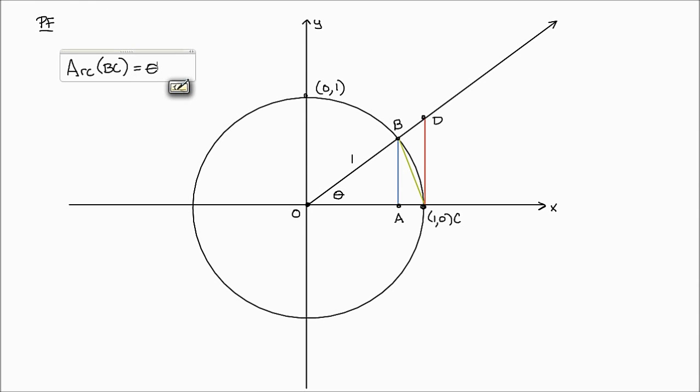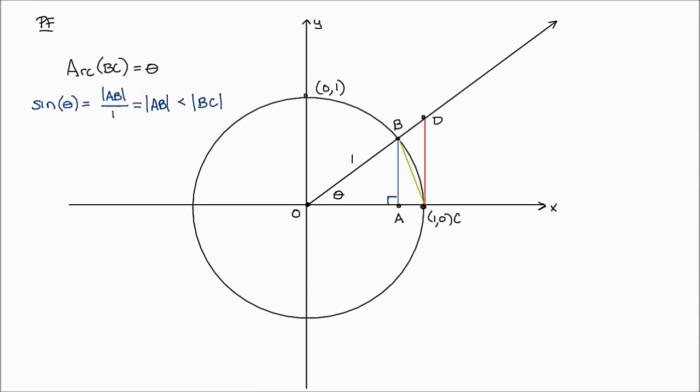Now, using that, maybe I'll use a different color so I can show you. The sine of that theta is going to equal opposite over hypotenuse. This is a right triangle. So the opposite would be length AB, in other words, the magnitude of AB over hypotenuse, which is 1. So that's just the magnitude of AB. However, we should be able to agree this length from A to B is actually less than the length from B to C. That's a pretty easy argument.